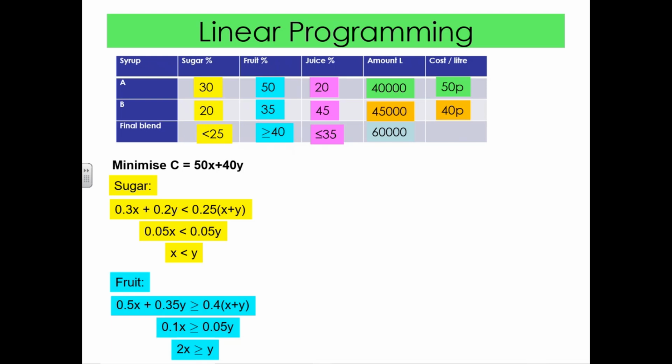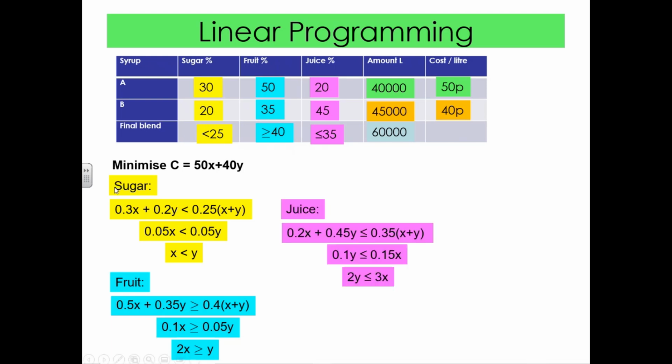And we can do the same for the juice column. The 20% of A plus 45% of B has to be less than or equal to 35% of the total, which if you expand and simplify gives you 2y is less than or equal to 3x.